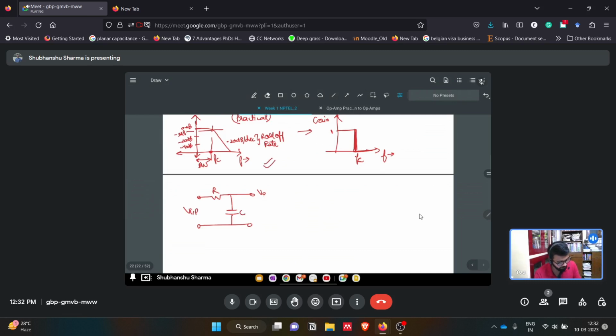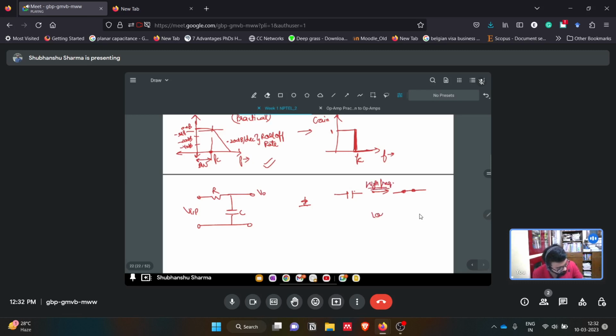If we analyze this, for high frequencies this capacitor will act as a short circuit element.